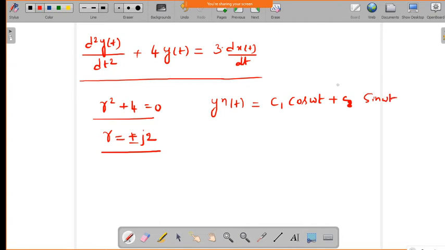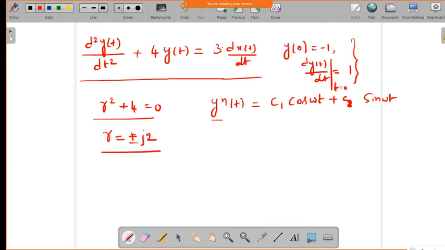Now the initial conditions we need to give are y of 0 equal to minus 1, and dy of t by dt equal to 1 at t equal to 0.